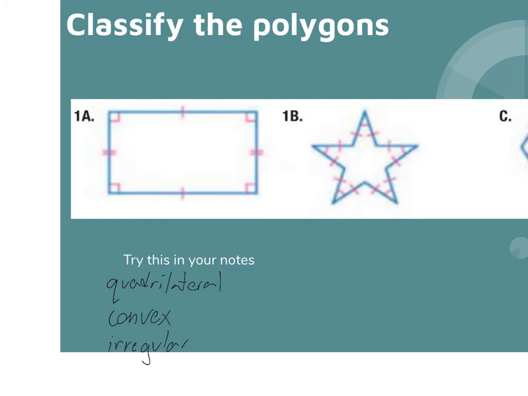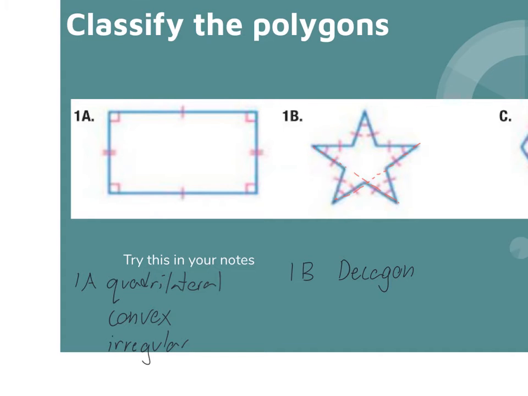For B, this one could be named a decagon. If we count up all the sides, we get 10. So it is a decagon. This one is concave because we have lines here that go through the center.